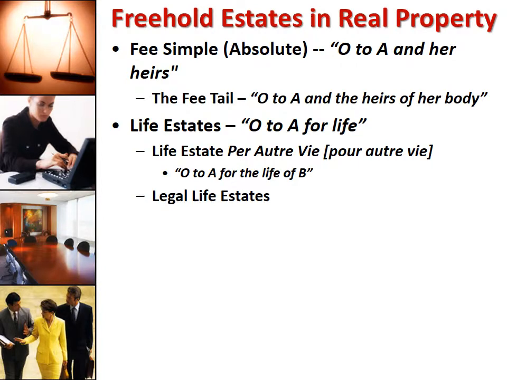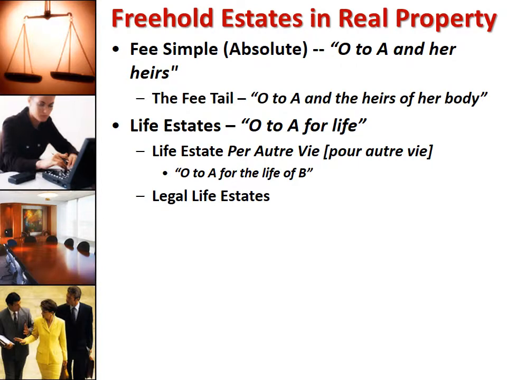So, most legal life estates that were in the common law, by operation of modern American law, are now destroyed. If you look at the property transfer and synopsis, you see that. Today, most legal life estates are destroyed. They're replaced with a joint tenancy, which we'll turn to in a minute.